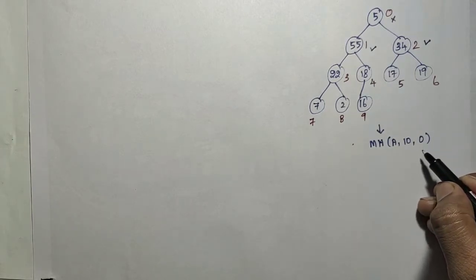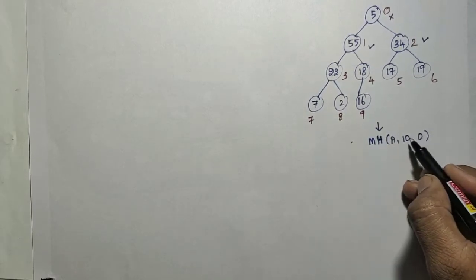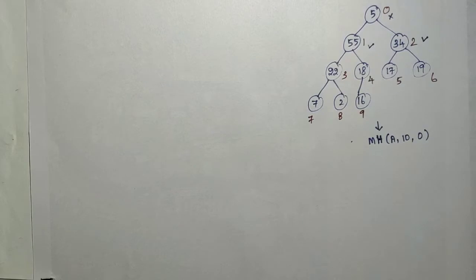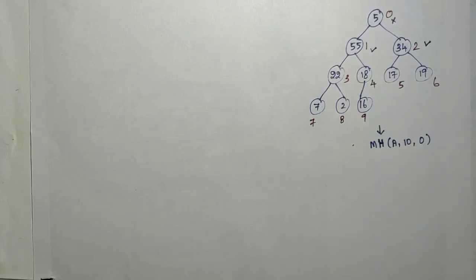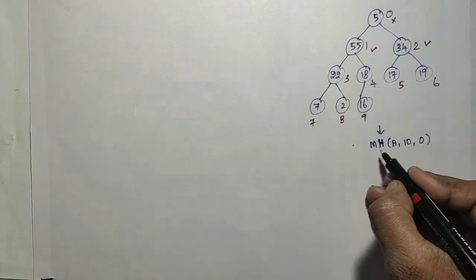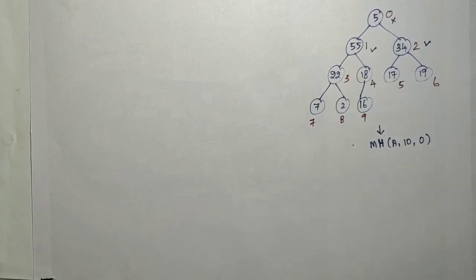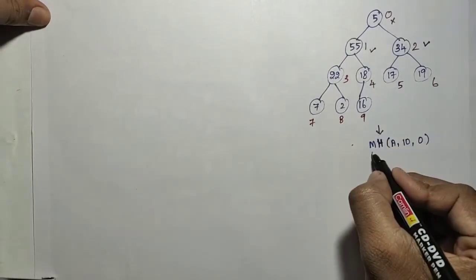In that situation alone, I can apply max heapify. If the left of 0 is not a heap, I cannot call max heapify, it will not do anything. If the left is a heap and right is a heap but 0 is not, in that situation alone I can apply max heapify. Now we'll start discussing the max heapify algorithm.